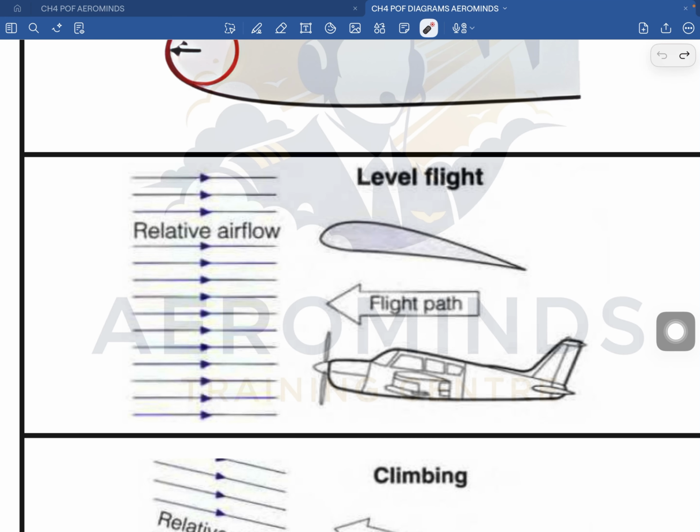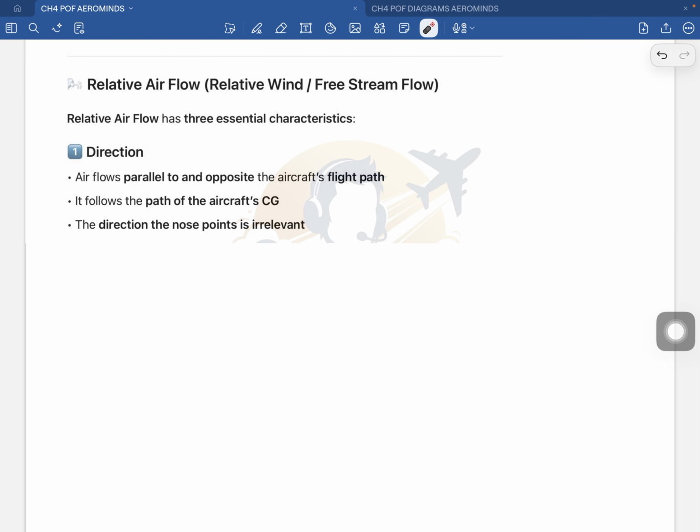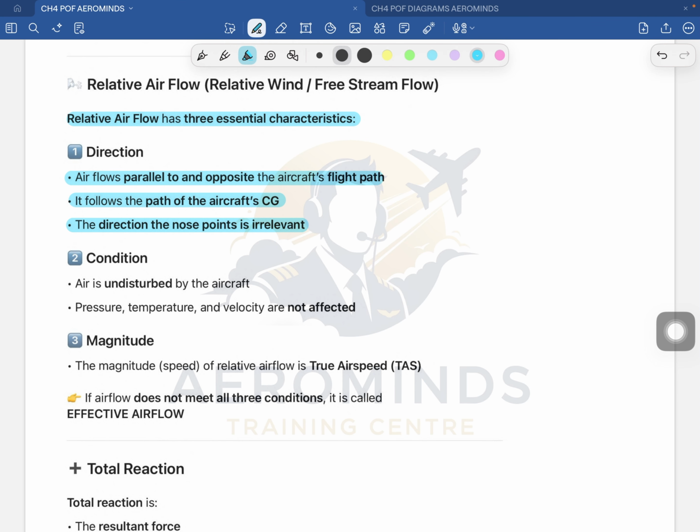It is the airflow far away from the aircraft; it has not touched it yet. So the air is undisturbed by the aircraft, and the pressure, temperature, and velocity, the PTV, are not affected by the presence of the aircraft.